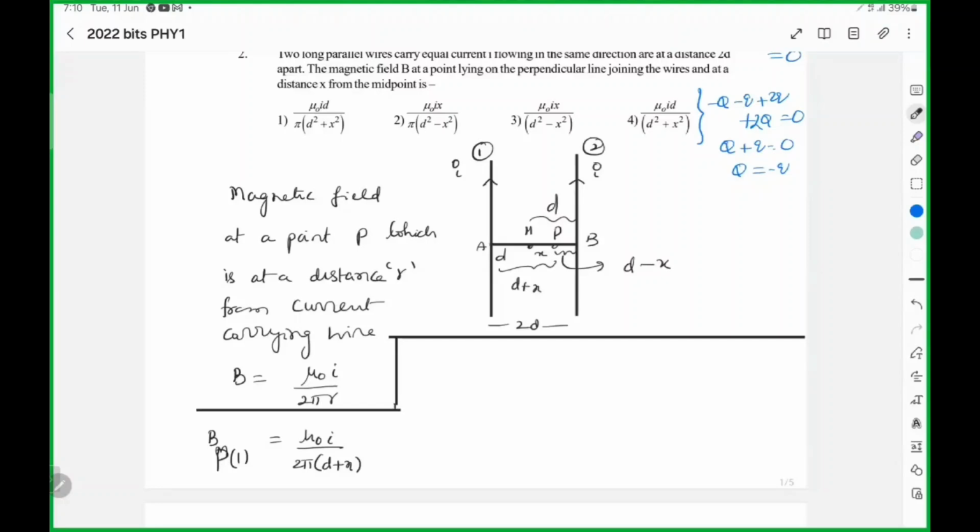And the direction: put the thumb in the direction of current. So at whichever point you want to find the magnetic field, at that point you curl the fingers. The fingers show the direction of the magnetic field, that is inverse.